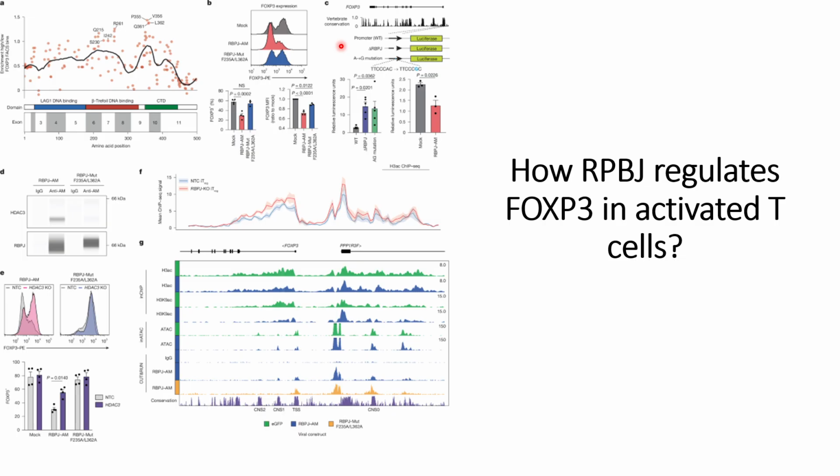Thereafter, they wanted to see whether RBPJ directly interacts with FOXP3 during the transcription process or not. So they took the FOXP3 transcription start promoter sequence and introduced the promoter sequence with luciferase.